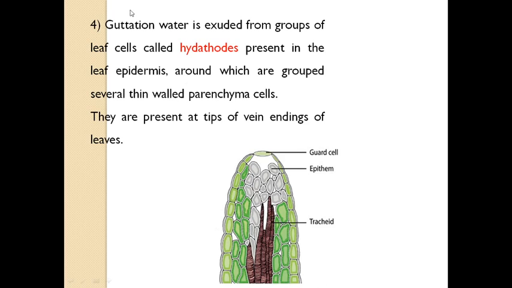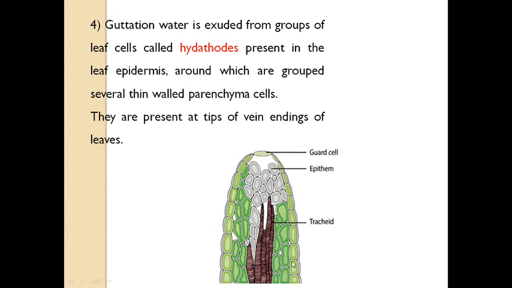In guttation, water is exuded from a group of leaf cells called the hydathode. Hydathodes are present in the leaf epidermis, and they are grouped around several thin-walled parenchyma cells.